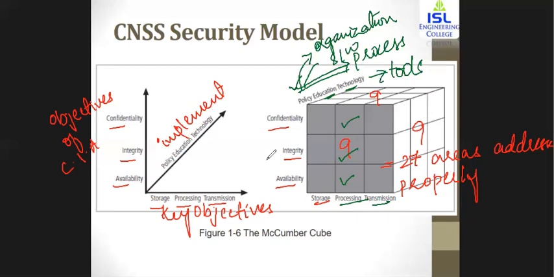Now, suppose we'll take an example. Let's take a different color. Now, suppose you're focusing on integrity, the storage. When you take the intersection between technology, integrity, and storage, when you are following storage, integrity, and technology, it requires you to control or safeguard the address that is used to access this particular technology.